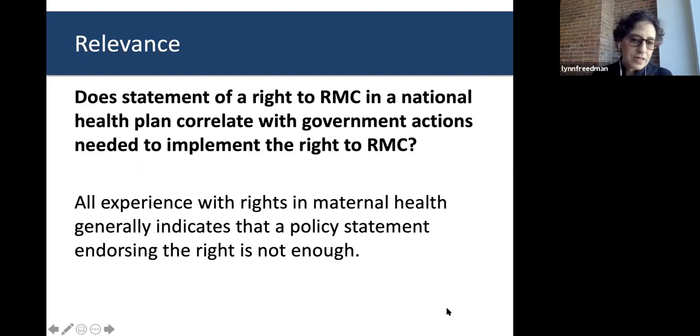And here, all of our experience with rights and human rights in maternal health tells us that generally, simply having a statement in policy endorsing a right rarely correlates, standing alone, with government actions to actually enforce that right.